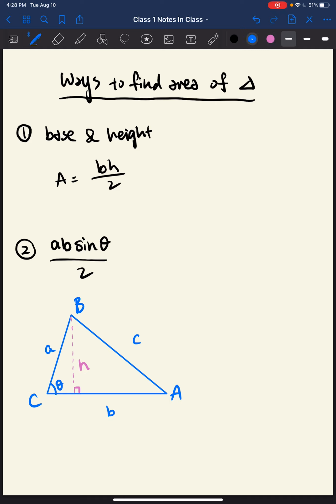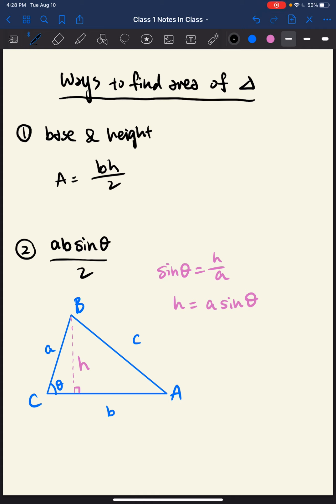The area of a triangle can be written as a times b times sine theta over 2. So I'm going to write a little proof of this theorem. Everyone knows that sine theta in this diagram should be h over a. So h should be a times sine theta.